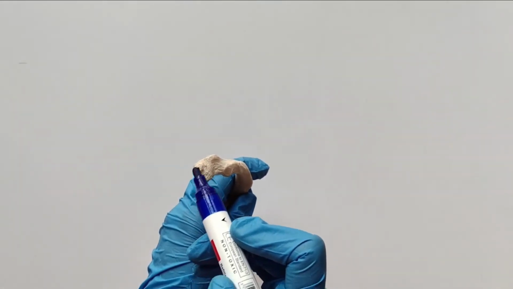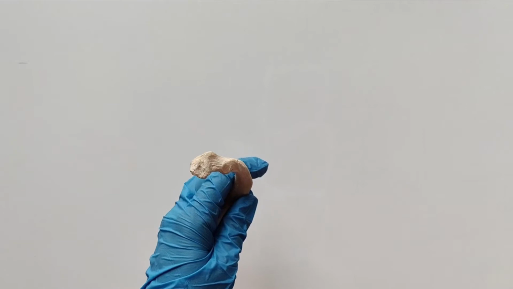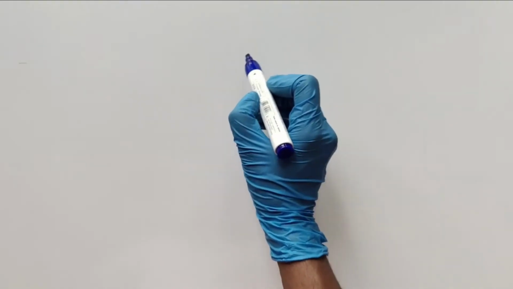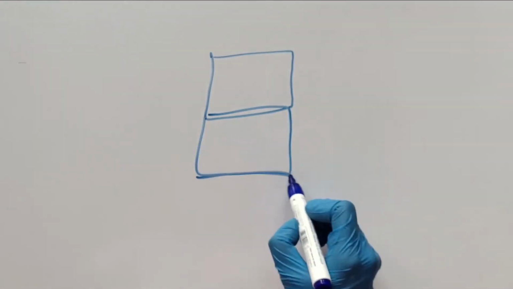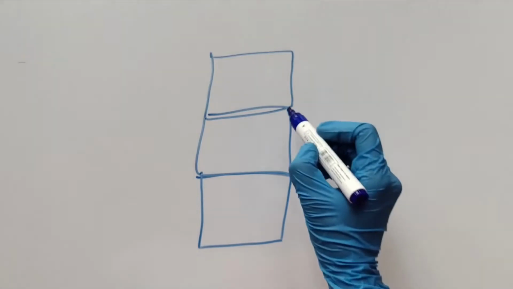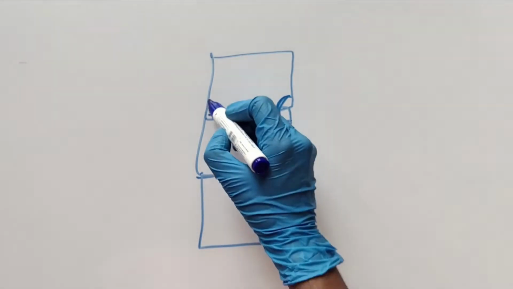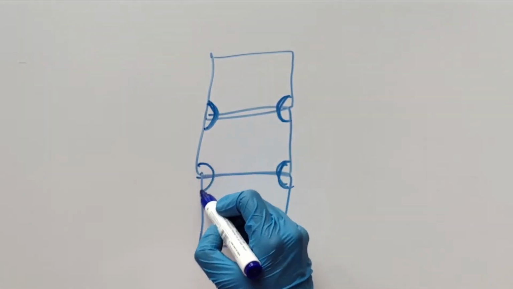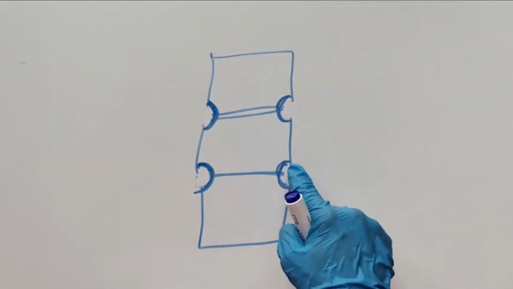See, the whole of the head of rib articulates to notches in between the vertebrae. Suppose these are the bodies of the thoracic vertebrae, and there are notches present in between the bodies on either side.